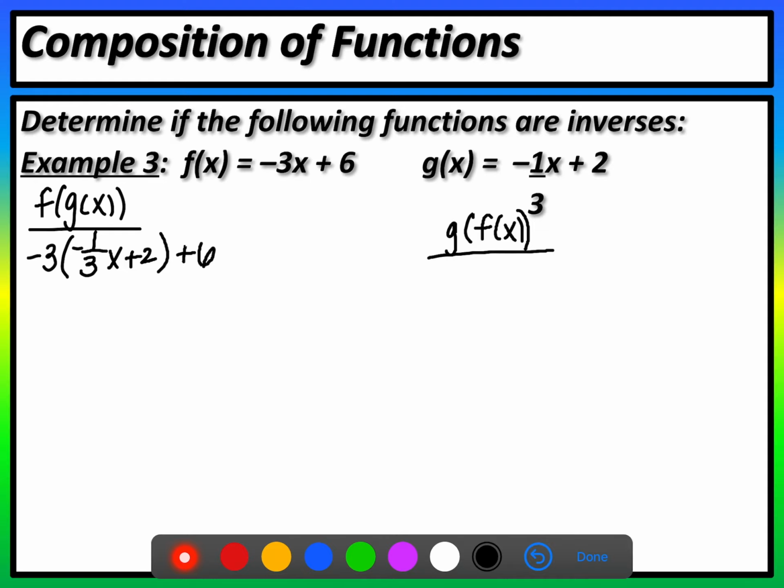Okay, so when I distribute negative 3, I get x minus 6, and I carry down that plus 6. So these are going to cancel. Okay, so I get x over here. So far, so good. You do have to show both. Okay, so now I'm going to take f, and I'm going to plug it into g.